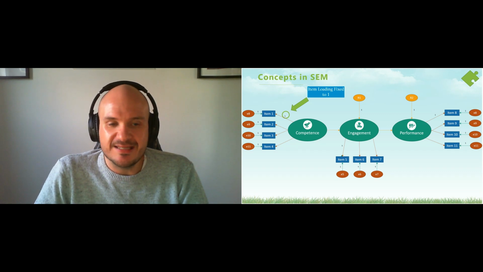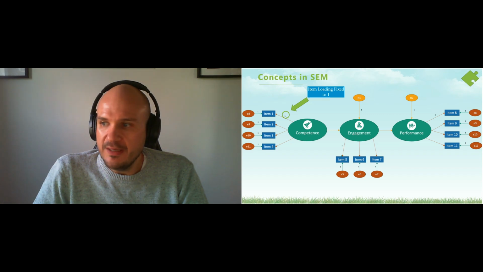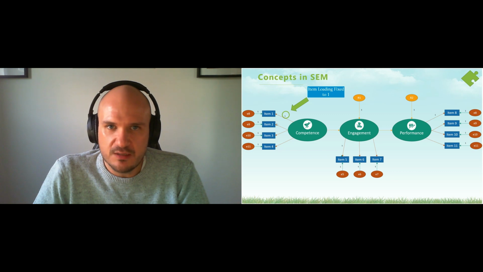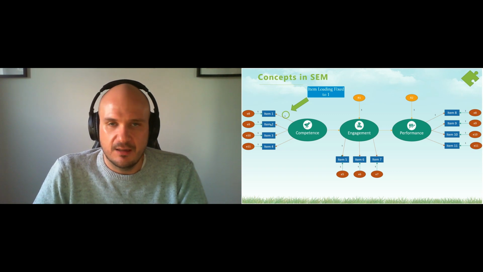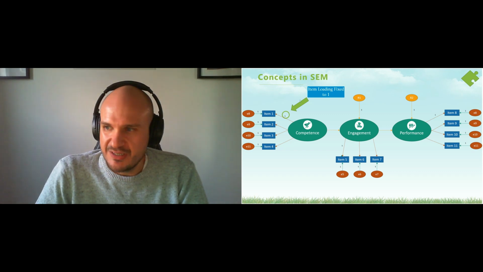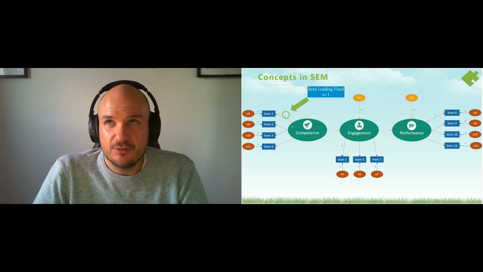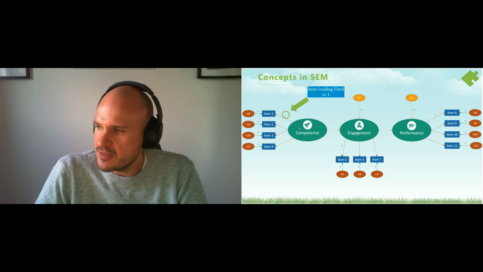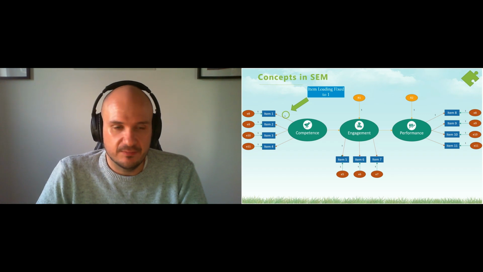If we want to get a standardized value, we need something to be constrained to a constant so that we can generate standardized values. Mplus and all these other techniques do it automatically. So the first item in your loading will always be constrained to 1. That's automatic, and this is important in a bit.